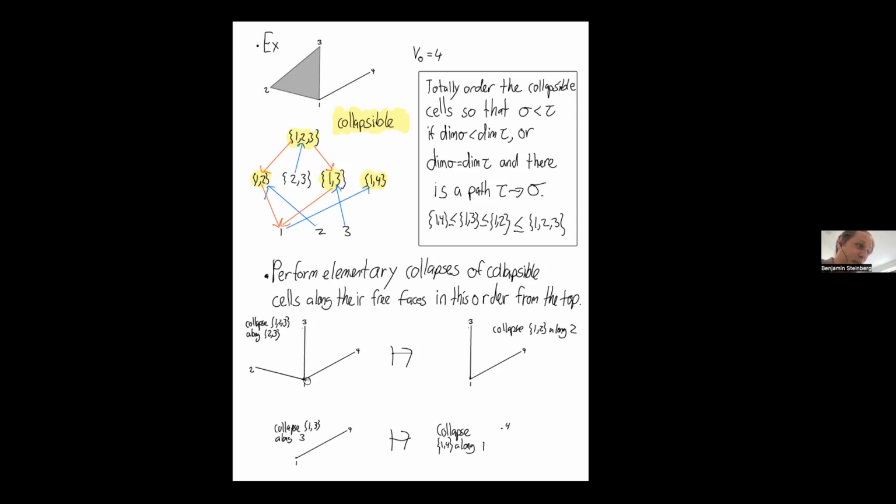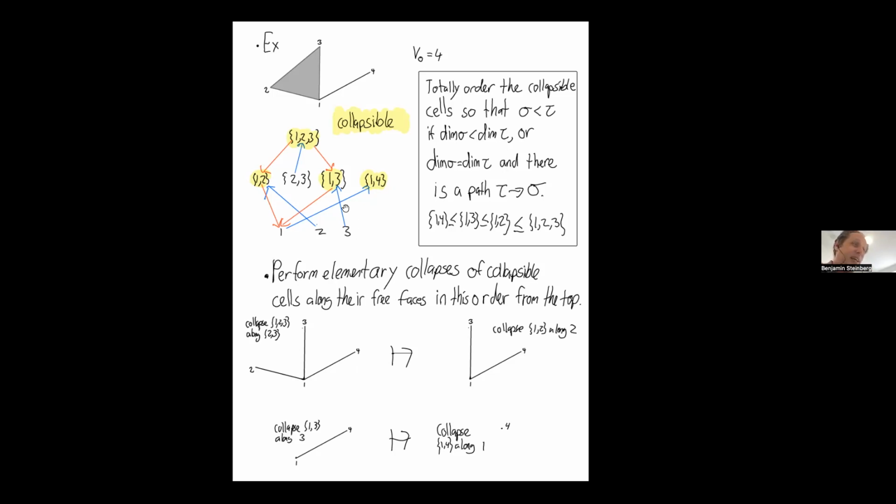Notice if I want to collapse everything to 4, I could not have chosen to do 1,4 first. 1,4 is supposed to have free face 1. If I tried to do 1,4 along free face 1, this vertex was not free, because it belongs to 1,3 and 1,2. So you see that 1 is not a free face of 1,4, and that's why this one has to be smallest in the order.